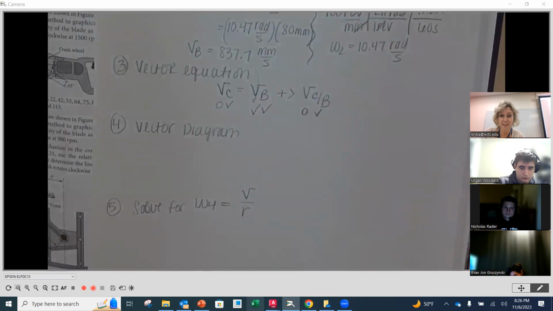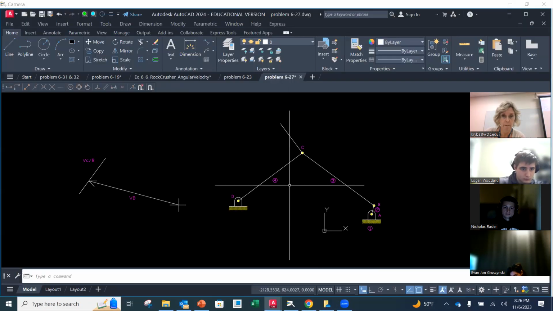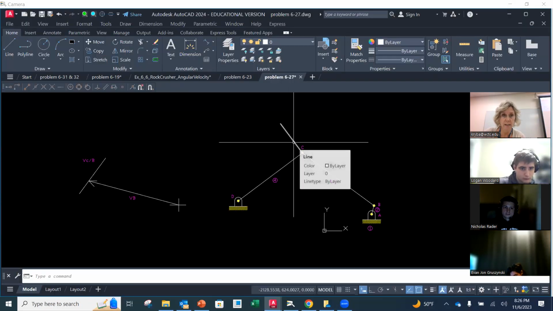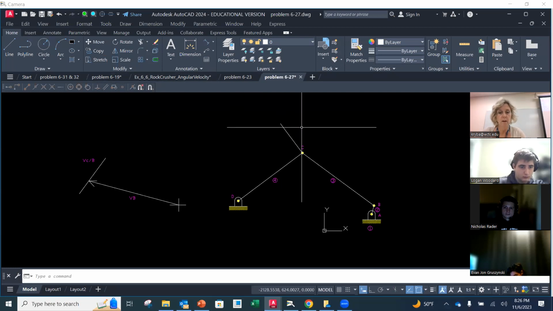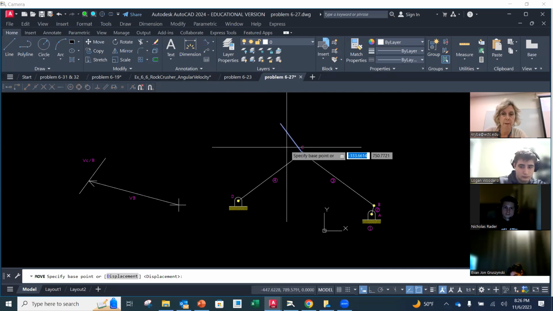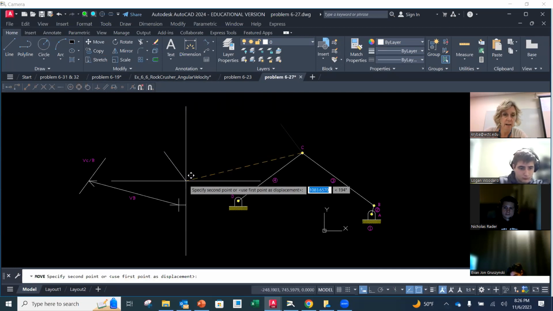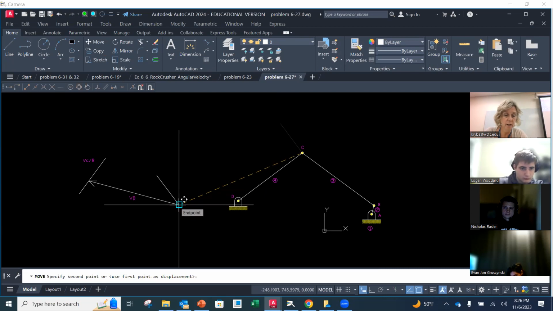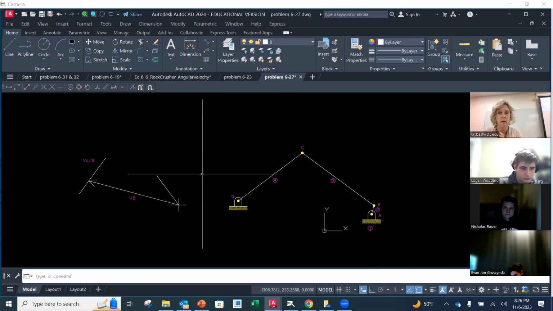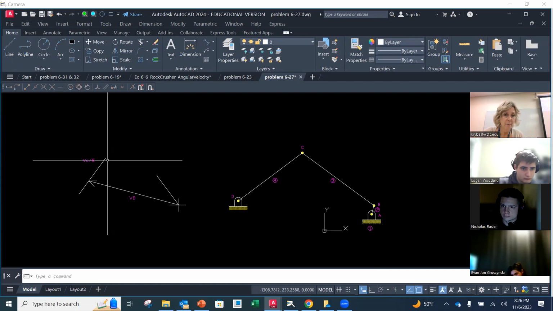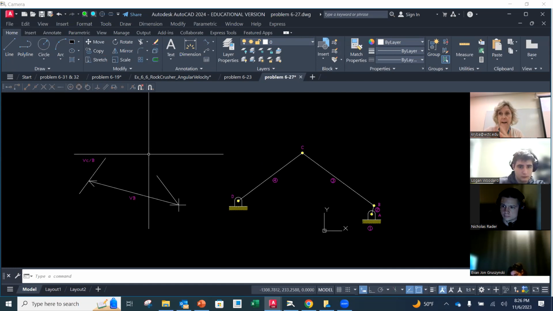And I'm going to try to find an intersection. Okay. So now my velocity of C is right here. So I'm going to move that. I'm going to start its endpoint at the origin. And now I need to find my intersection, and they're going to intersect up here, right? Now, what I can use, there's a function, fillet, in AutoCAD, but it has to have a radius of 0.